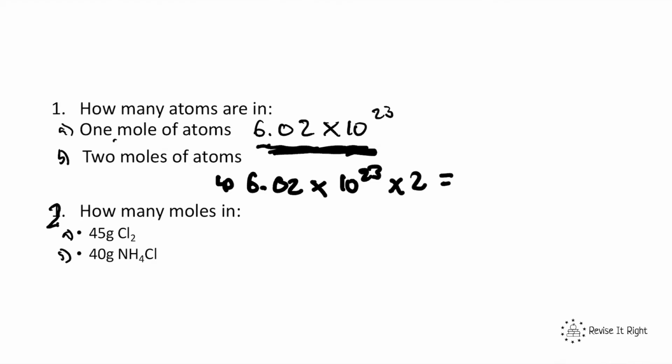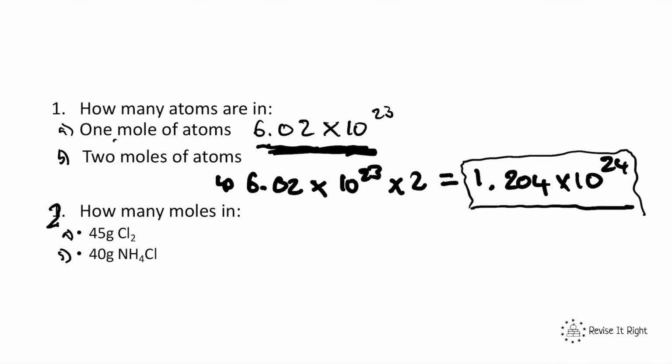So that amount, the Avogadro's constant, times it by 2. If you pop that into the calculator, what you should have got is 1.204 times 10 to the power of 24. So that should have been your answer for that one. All we did is we times our Avogadro's constant by 2.